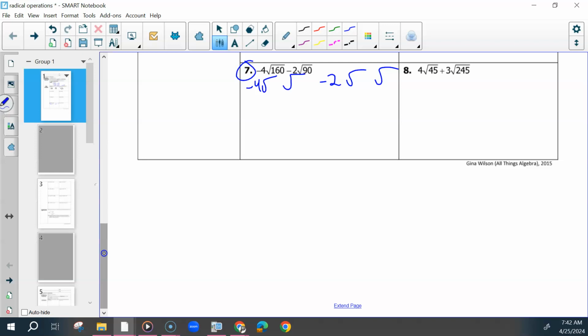So make sure you're dividing your perfect squares.